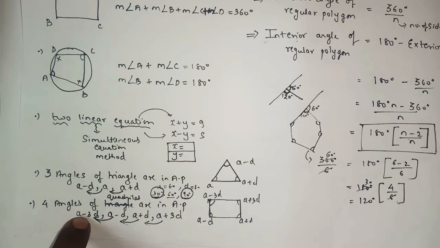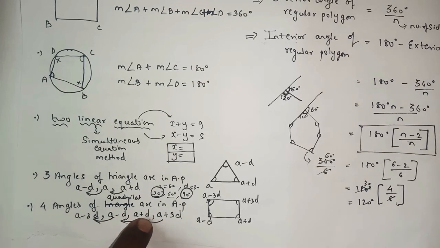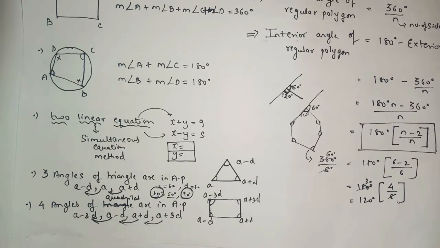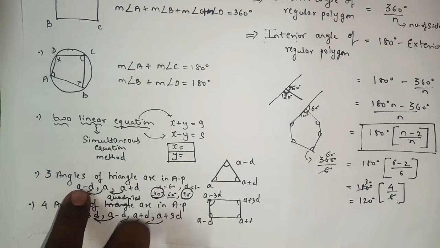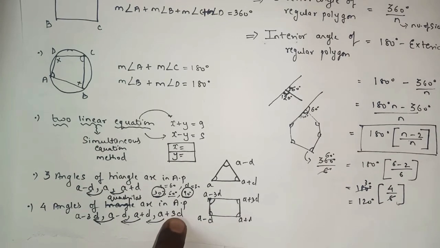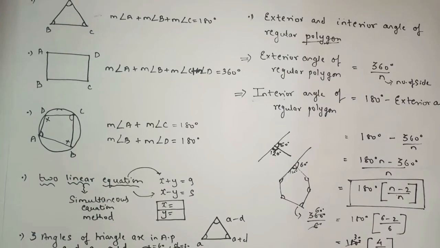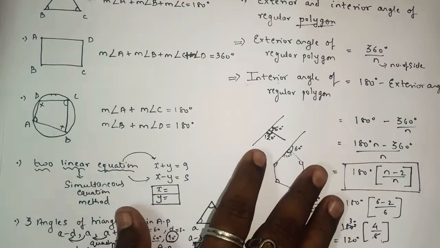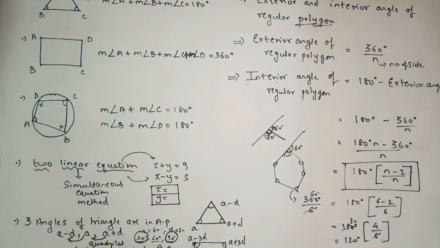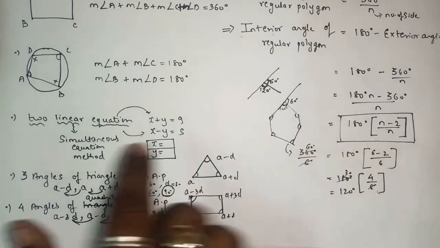So the first angle is A minus 3D, the second is A minus D, the third is A plus D, and the fourth is A plus 3D, in which the last one is the greatest angle and the first one is the smallest. Here also the last one is the greatest and the first one is the smallest. So now we took one sum based on the triangle, one sum based on the quadrilateral, one based on the cyclic quadrilateral, one based on the linear equation.